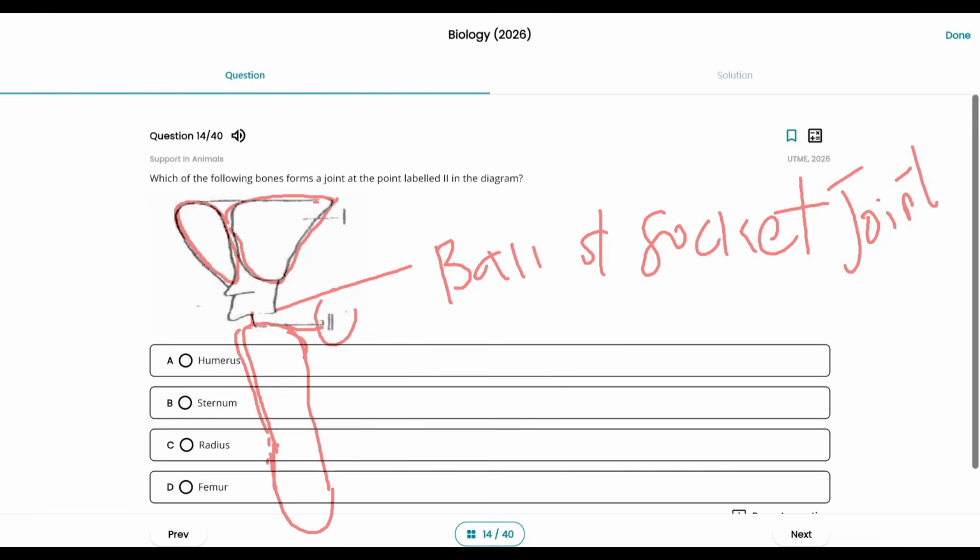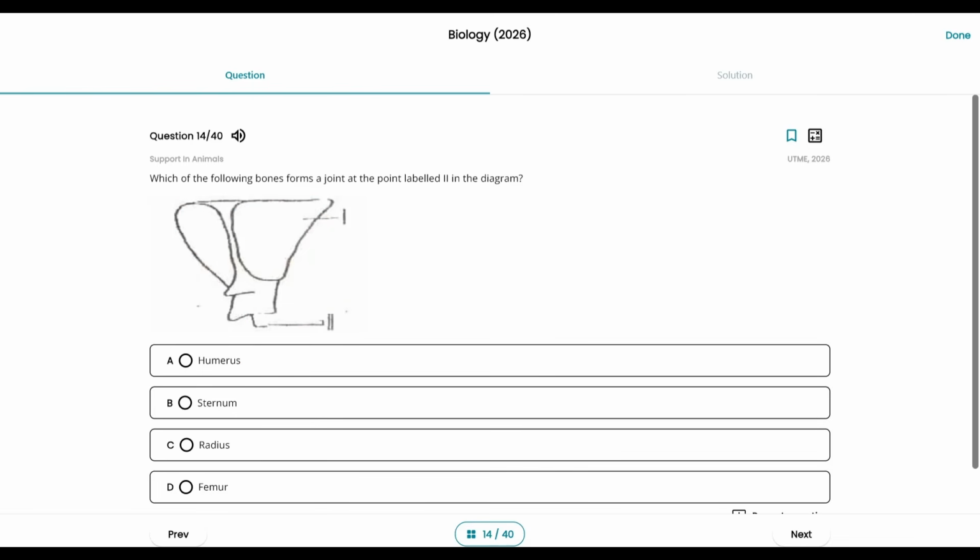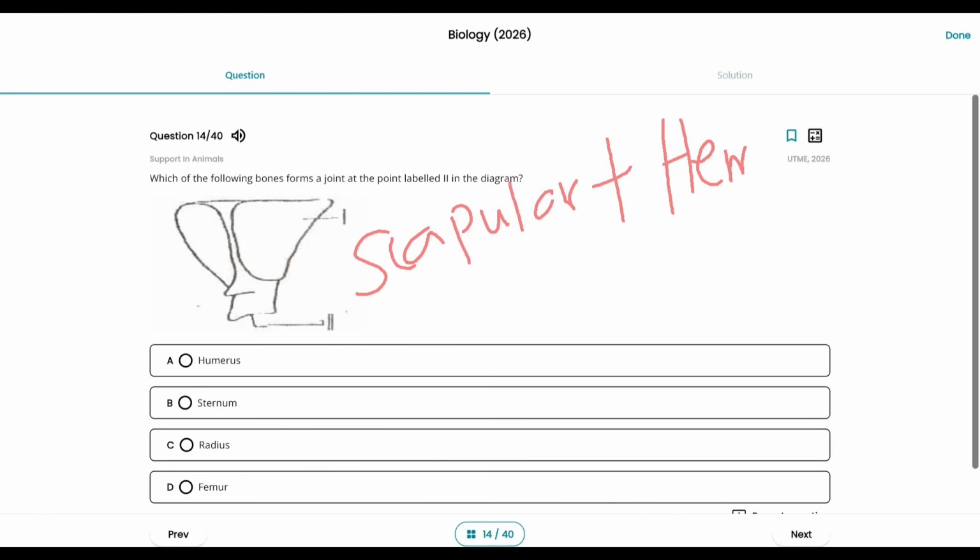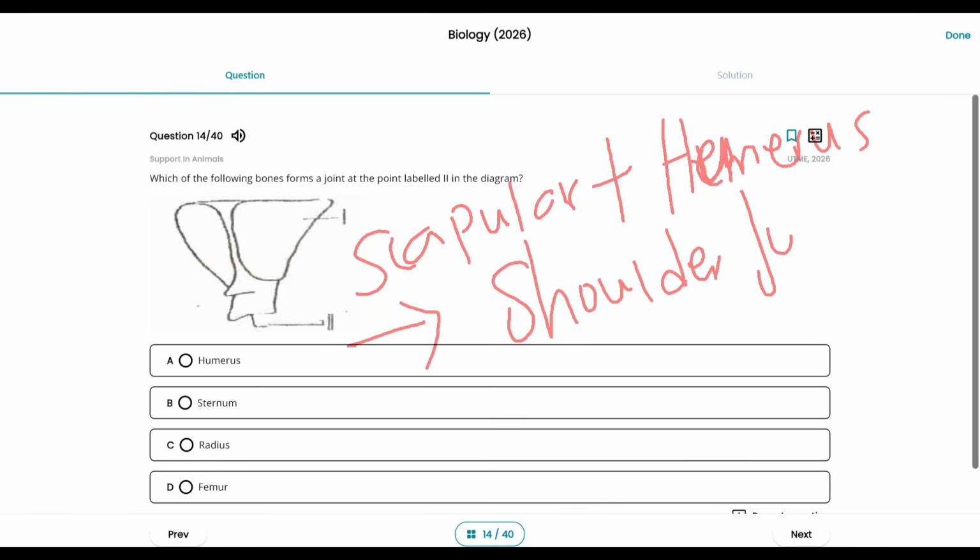So now, that being said, scapula plus humerus equals shoulder joint.